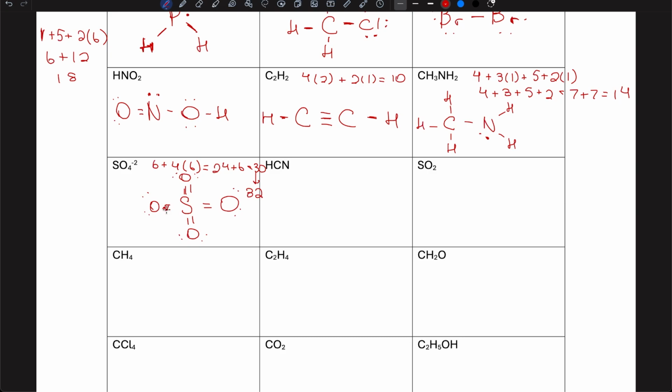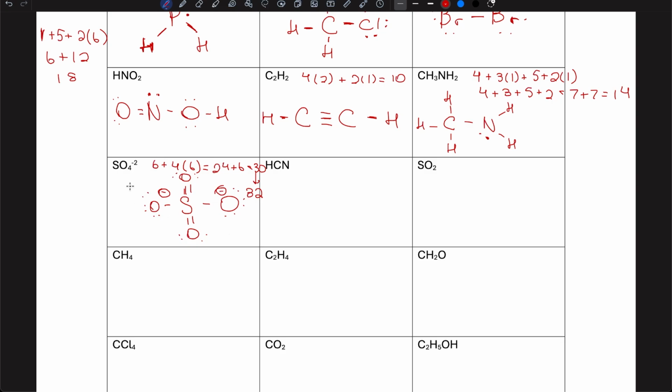But if we remove 1 bond and add some valence electrons to these oxygens, we end up with a negative charge on each of these oxygens.